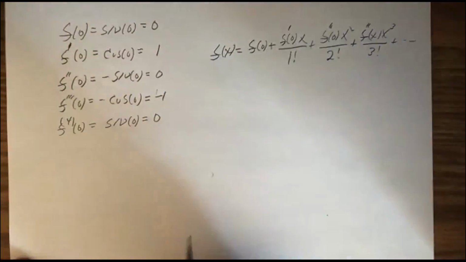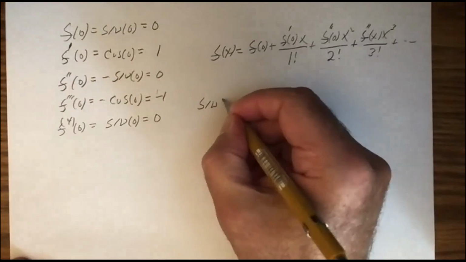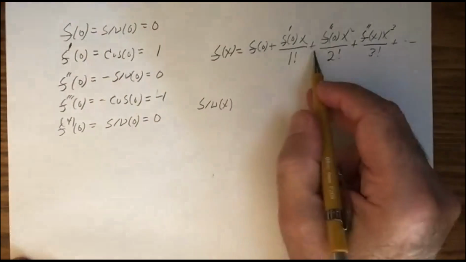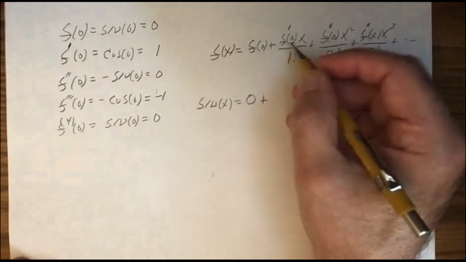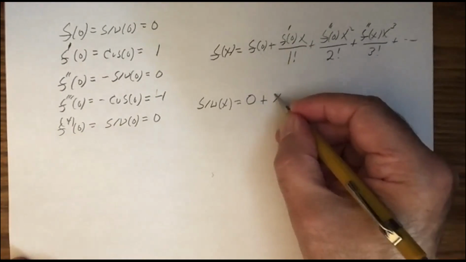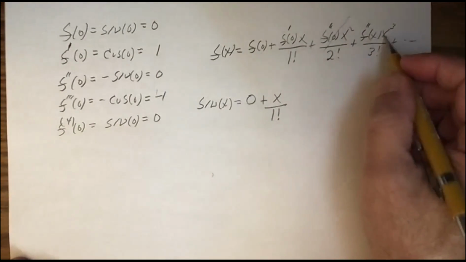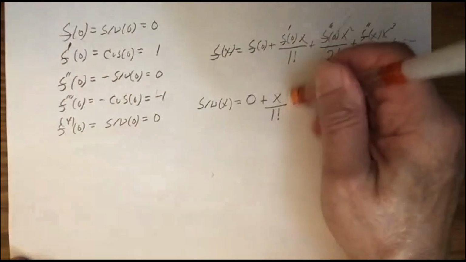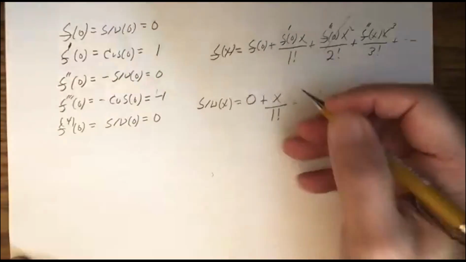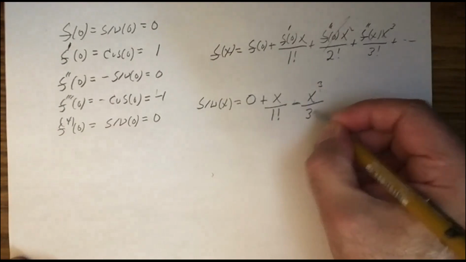Etc. So here now, if I wanted the sine of x expanded in terms of the Maclaurin series, well, first of all, this is 0. This is 0. Now this is 1. Now this is 0. This is 0. And then this is minus 1. So I get minus 1, so this would be x cubed over 3 factorial.